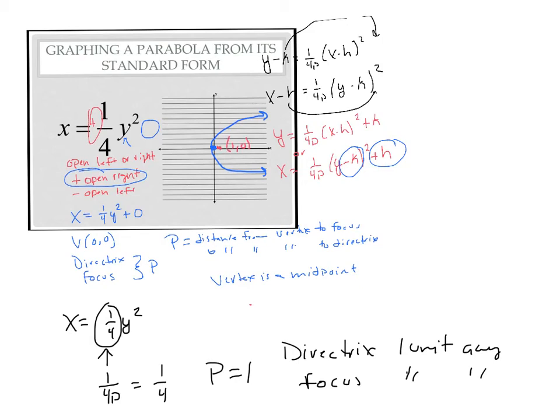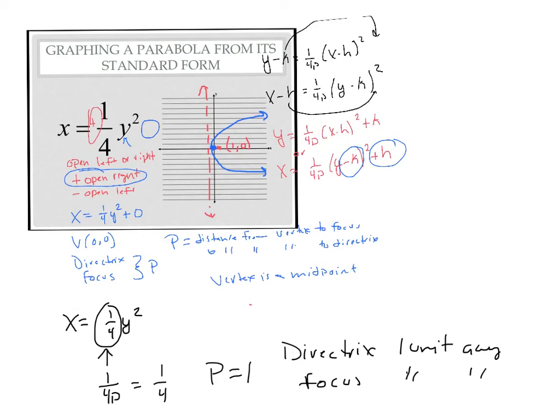And then the directrix is going to be this dashed line behind the parabola. Notice, as I said before, that p is the distance from the vertex to the focus and also from the vertex to the directrix. So I'm moving 1 unit to the right and 1 unit to the left.